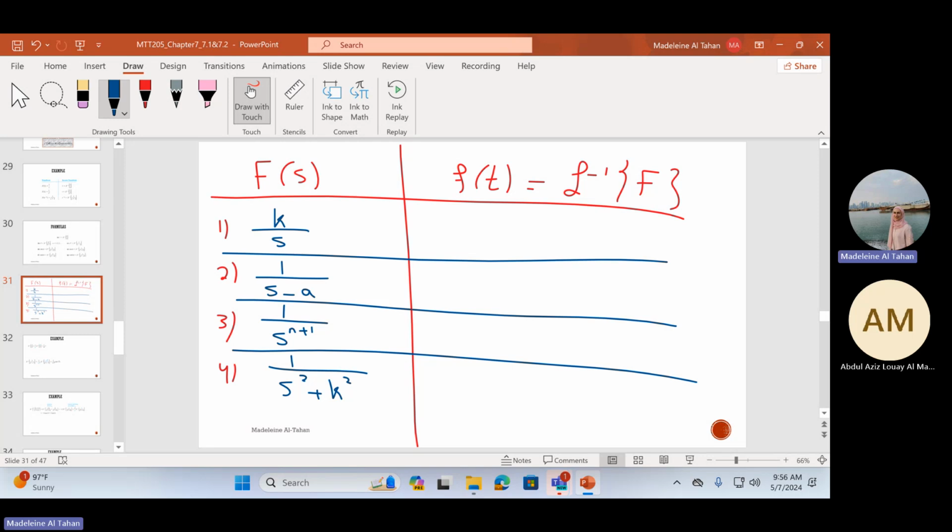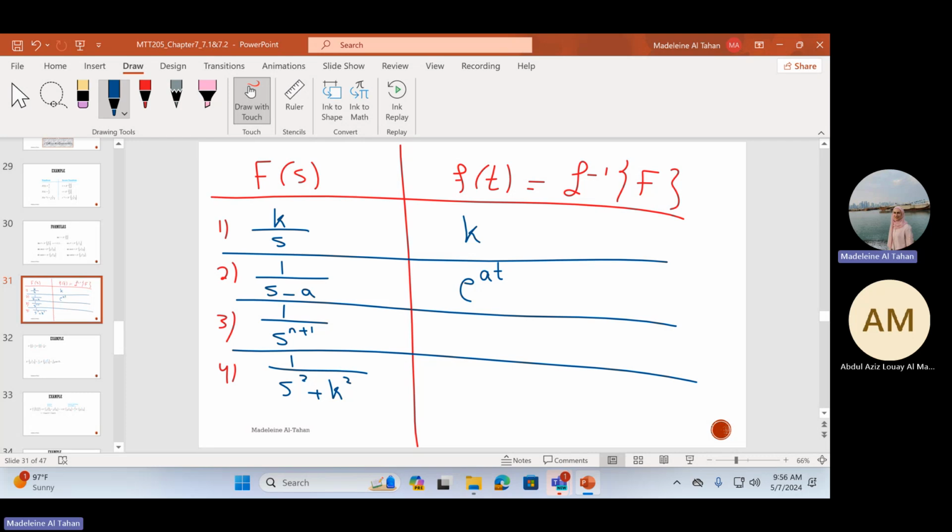The first one, what's the thing that we will apply to get k over s? Okay, k. Laplace of k is k over s. Is it clear? The second one, 1 over s minus a. Go to your table. Which one has Laplace 1 over s minus a? e to the power at, or if we have k, we'll put e to the power kt. 1 over s to the n plus 1.